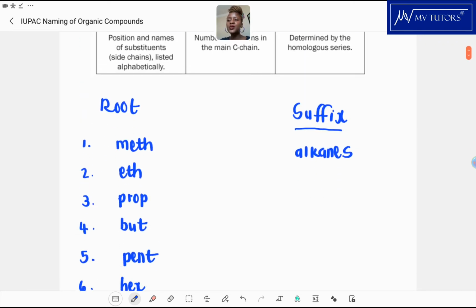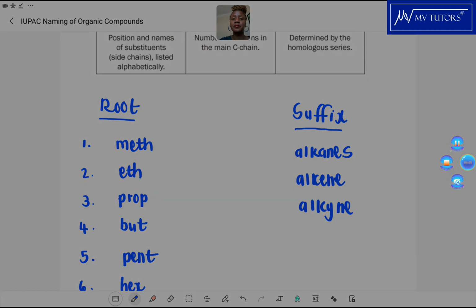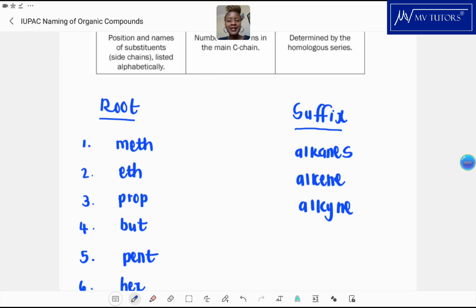Now when it comes to the suffix, like I said, it has to do with your homologous series. If you're dealing with the hydrocarbons, you either have an alkane, an alkene with a double bond, or an alkyne with a triple bond. It's nice to note that alkanes are saturated.